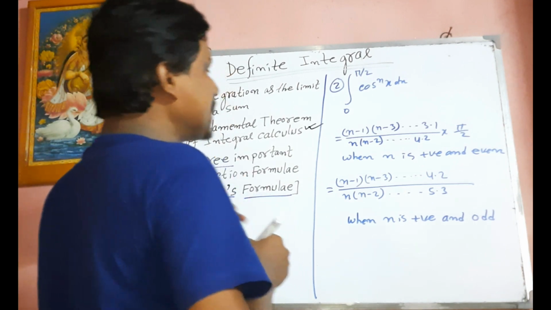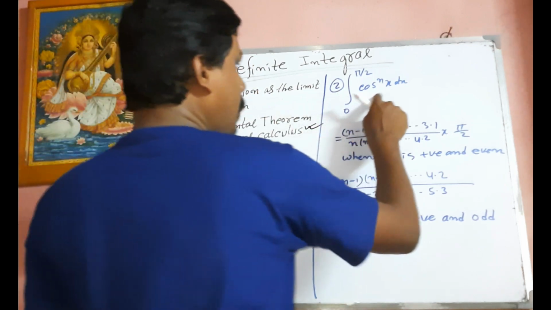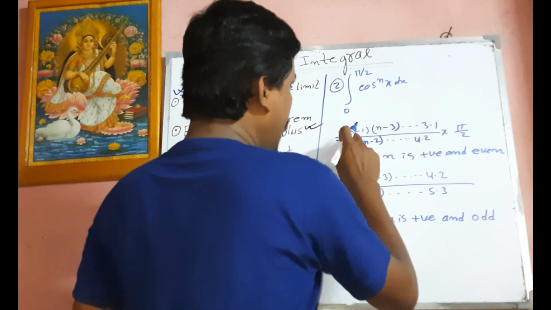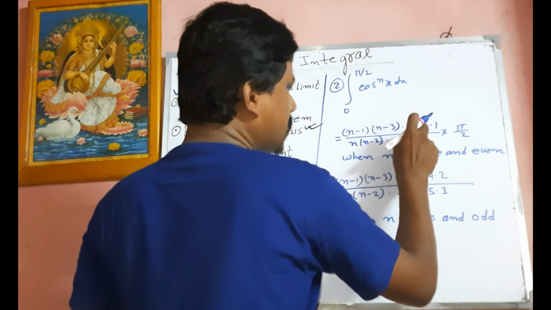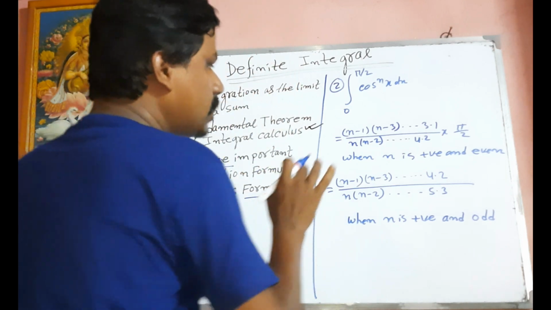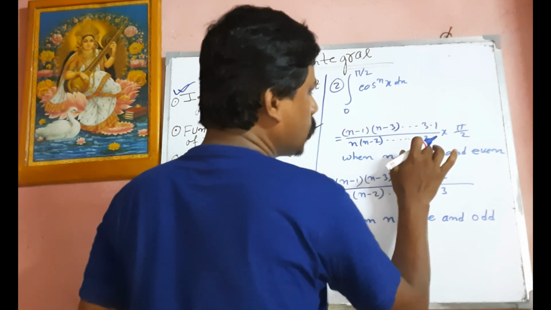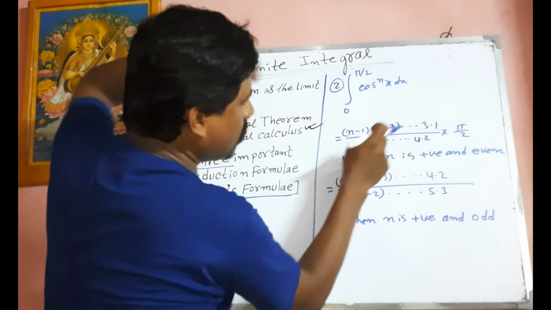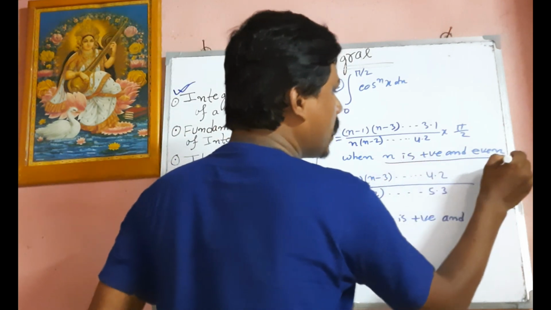The first formula applies when n is positive and even in the first case, and positive but odd in the second. The second formula says that integral 0 to pi by 2 of cos x to the power n dx is equal to (n minus 1)(n minus 3) dot dot dot 3 into 1 divided by n(n minus 2) dot dot dot 4 into 2, multiplied with pi by 2, when n is positive and even.